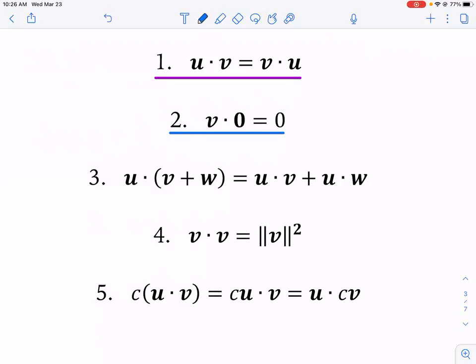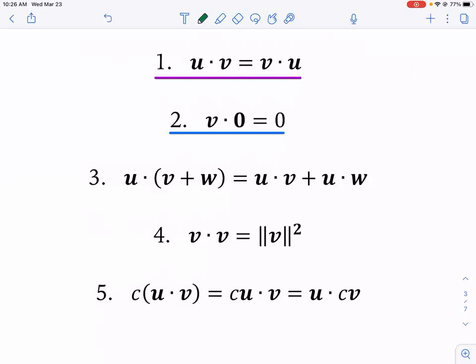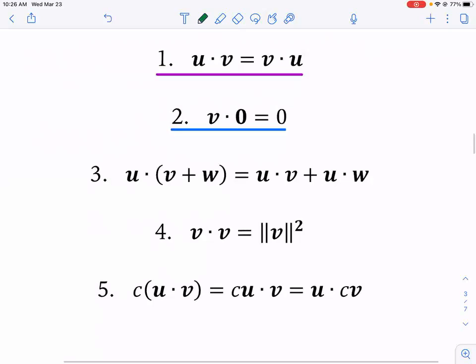If you take the dot product with a vector and the 0 vector, guess what? Your dot product's going to be 0. You don't need to prove that. The dot product is like multiplication, so it's distributive.